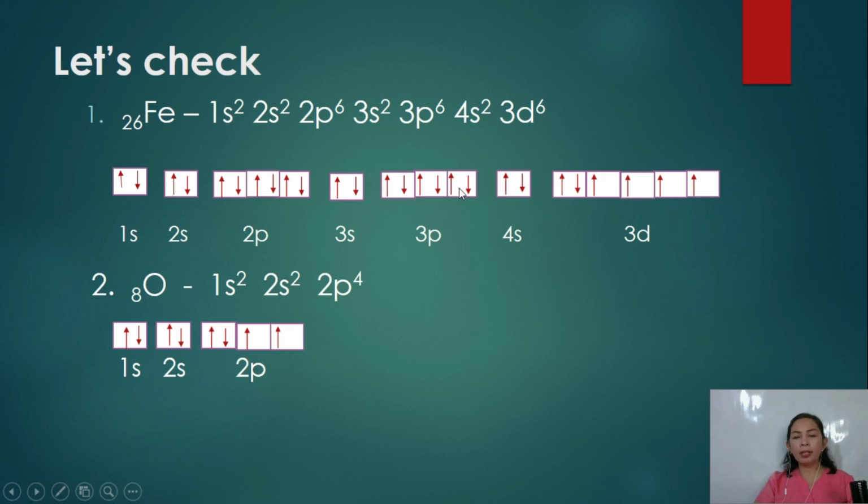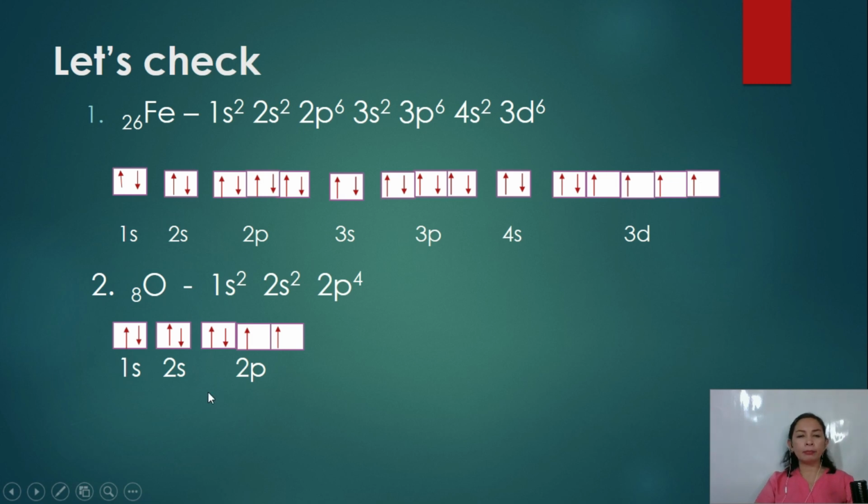The 3p orbitals are also paired. 4s is also paired. And in the 3d orbitals, since we only have 6, the second, third, fourth, and fifth orbitals contain only a single arrow-up electron, while the first one has a pair. So you can give one point here and another one here, or 2 points, 2 points.